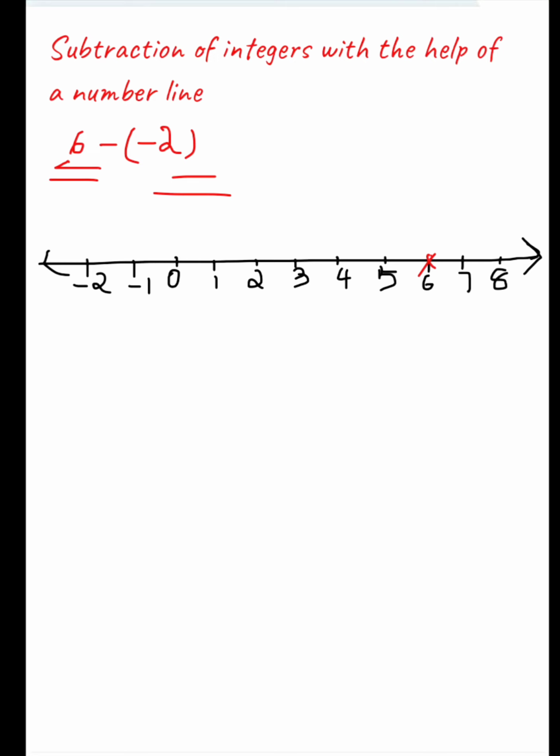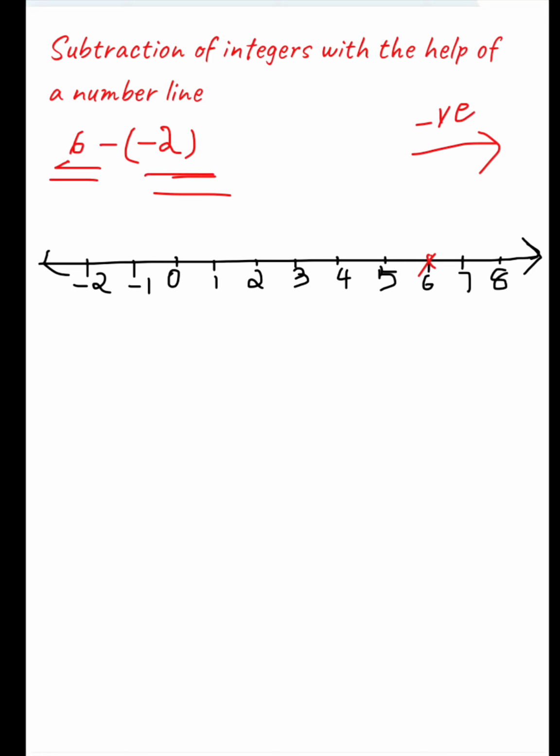But in the case of subtraction on a number line, things are just opposite to addition. Here, when the second number is a negative number, we will be moving towards the right side.